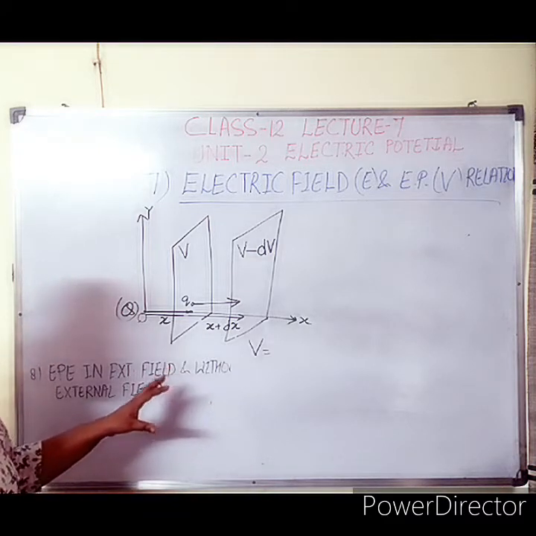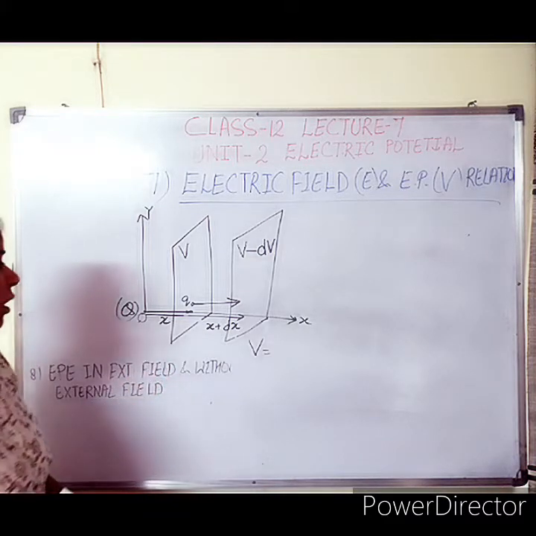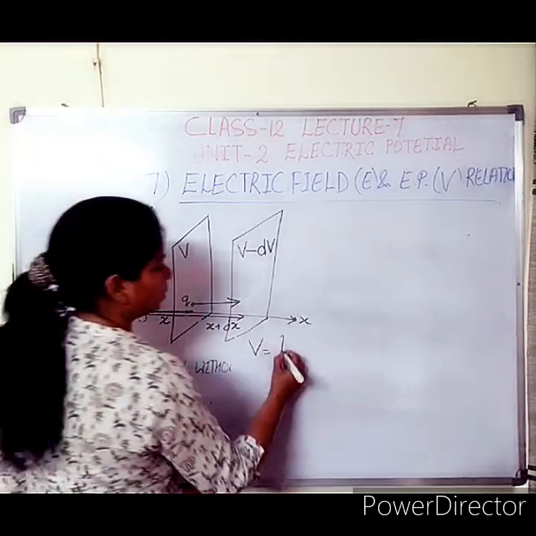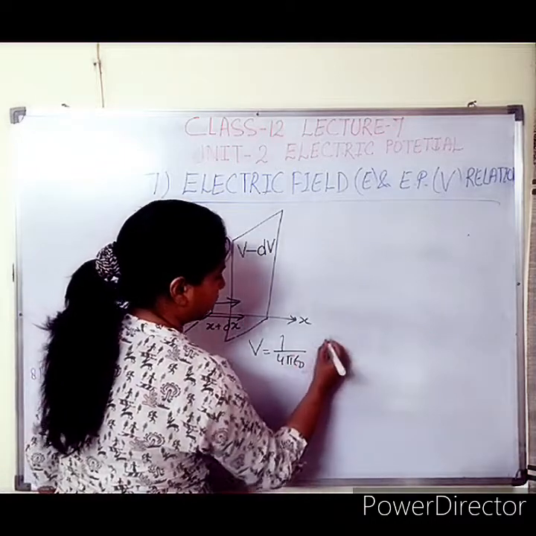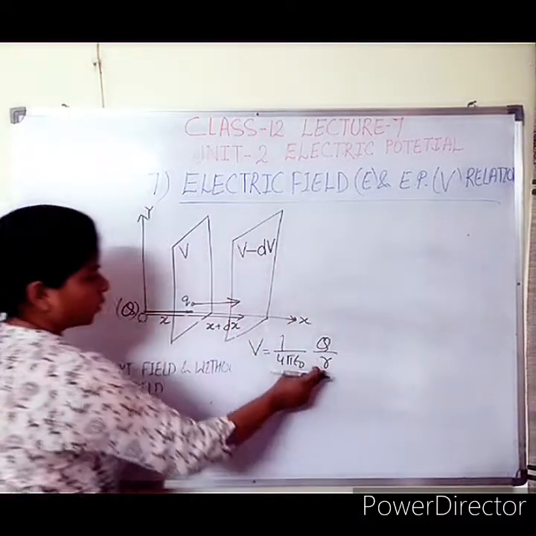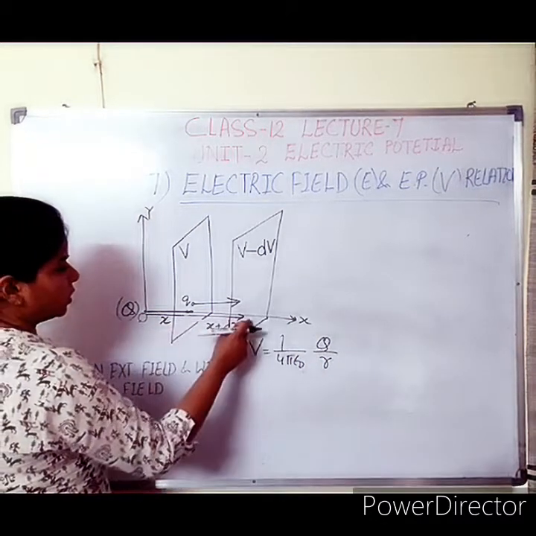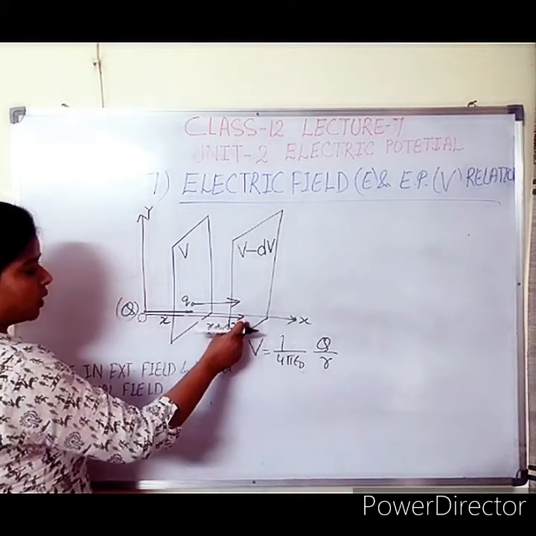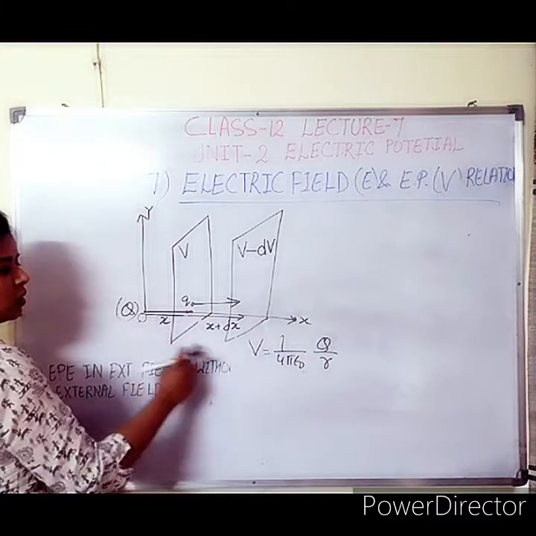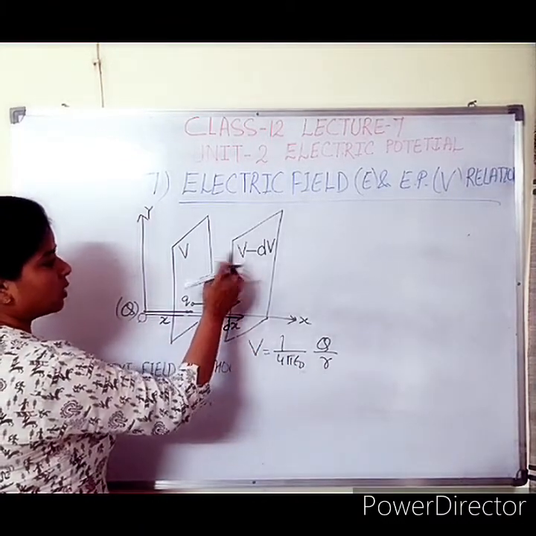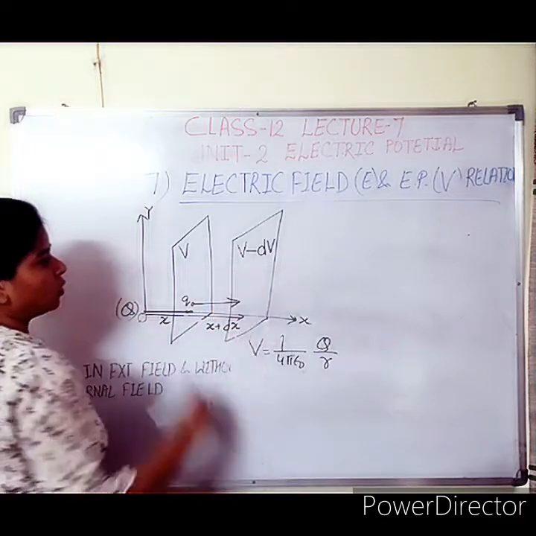Here it is electrostatics and mechanics. So here we will take the case because V is equal to what? 1 over 4 pi epsilon naught, Q divided by r. So greater the distance, lesser the potential. Here the distance from the origin for the second surface is greater than for the first surface. So potential should be lesser. So we must choose it as V minus dV.